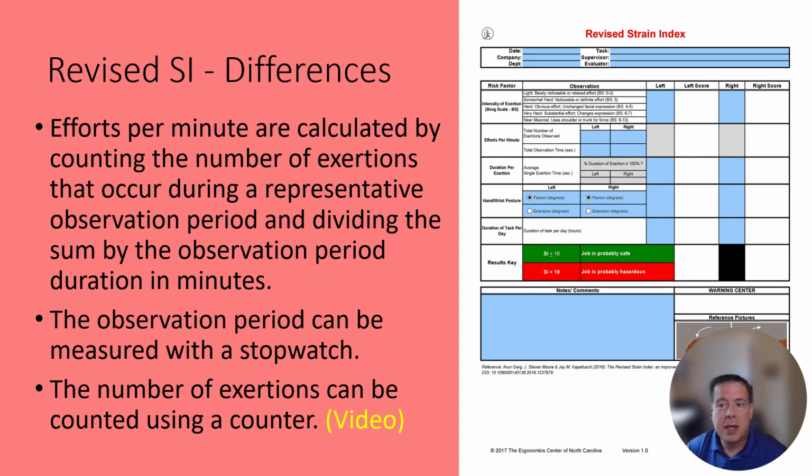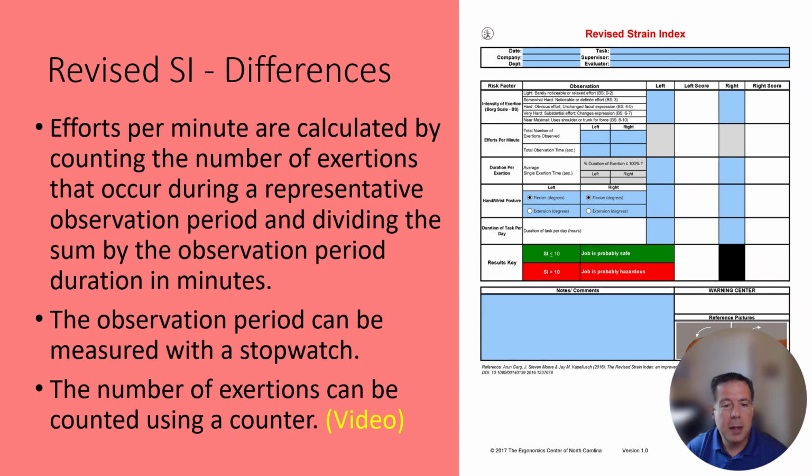Just to read this off: in the revised strain index, efforts per minute are calculated by counting the number of exertions. Either on your phone or a stopwatch, you could count those per second to get very precise.